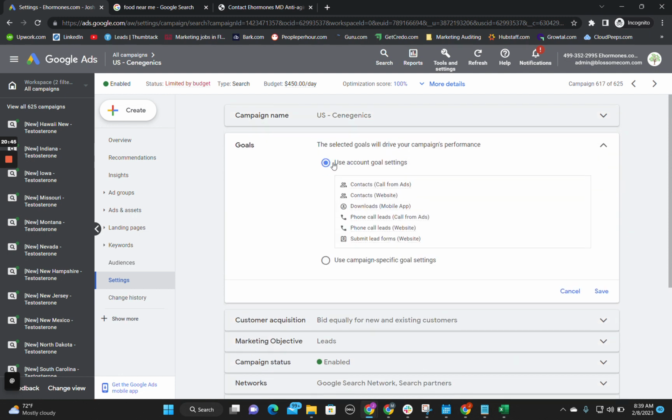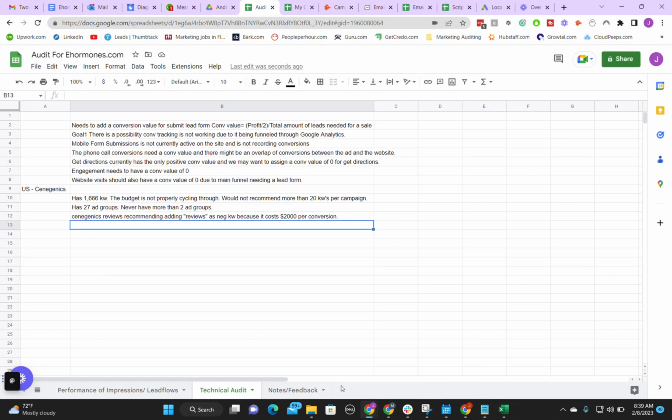So here's what it says here: use account goal settings. Wait, hold on. Why is downloads from mobile apps being important for this? It isn't important at all. Why are these other ones important? Probably they're not. So we're going to ask what is important and use campaign-specific goals. Because if we use campaign-specific goals, then we'll be able to say that we only want to target that one thing.